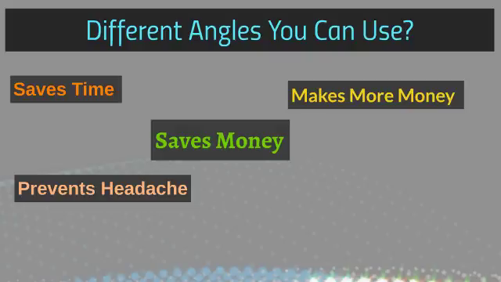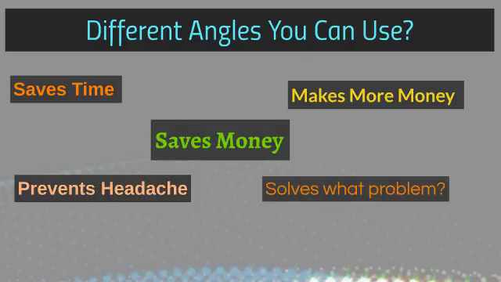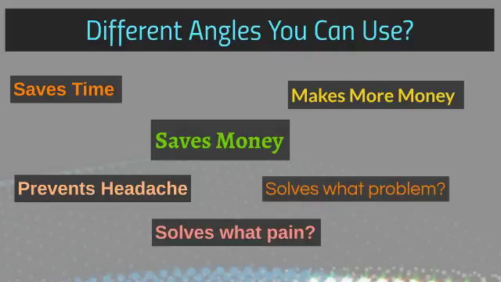It prevents headaches. It solves what problem? And it solves what pain? Obviously you can get into a lot more depth with your product or service, depending on what you're trying to sell and what you're trying to get them to take action on, and you can apply that to your company.